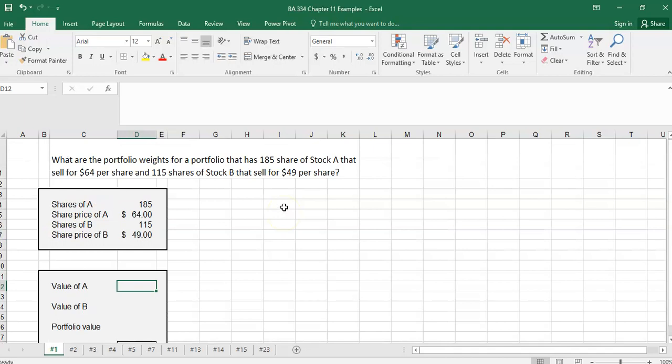So the value of A and B is the number of shares you own times the price that was paid for them. And for B, the number of shares of B times the price we paid.